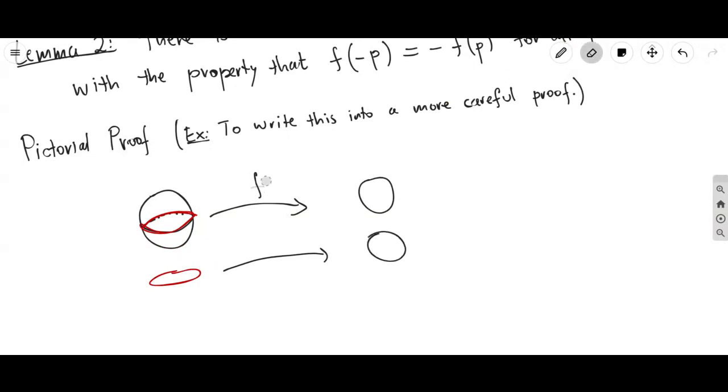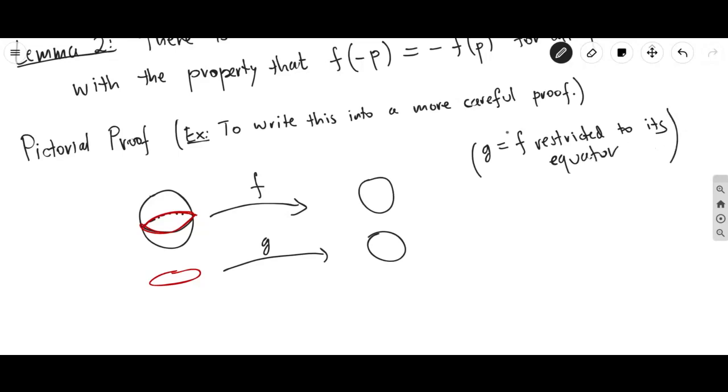Now, I could call this mapping f again, but technically we're restricting f to a subset. So maybe we'll just call it g. This is just a restriction. So g is f restricted to the equator. It's basically the exact same mapping.